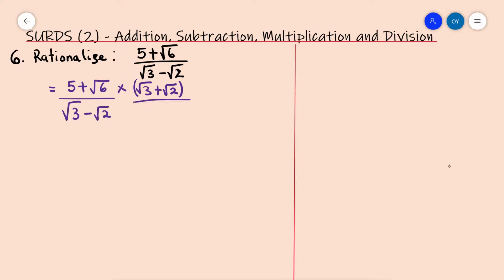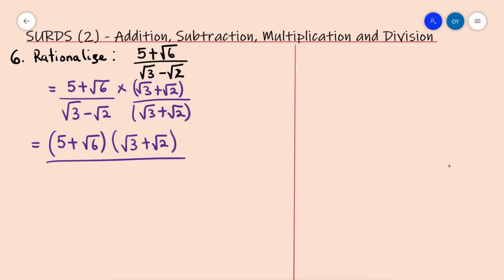You're also multiplying the denominator by root 3 plus root 2. So this can be written as 5 plus root 6, then root 3 plus root 2, divided by root 3 minus root 2, then root 3 plus root 2.